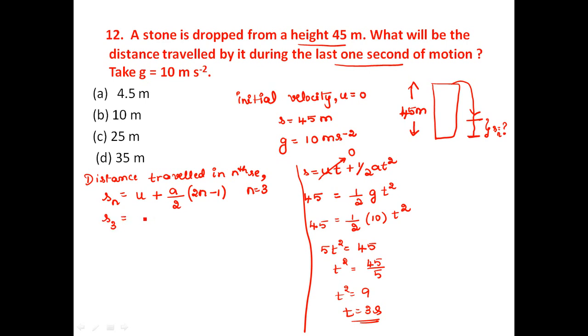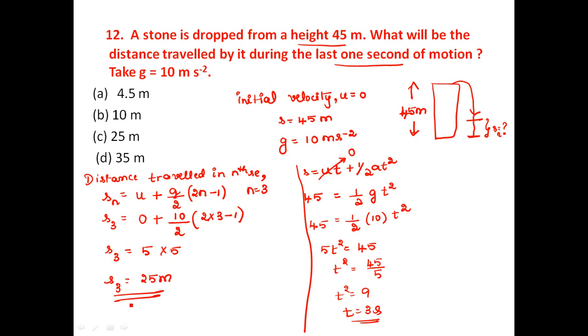S3 is equal to, what about initial velocity here? It is 0, plus g will be our acceleration due to gravity, that is 10. I'll be replacing a with the g here, it is 10 by 2, into 2 into 3 minus 1, or I'll write S3 is equal to 5 of 6 minus 1, 6 minus 1 is 5, hence S3 is equal to 25 meters.